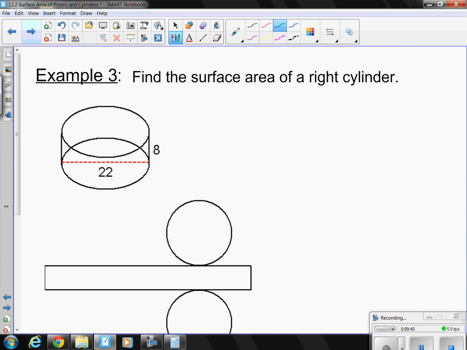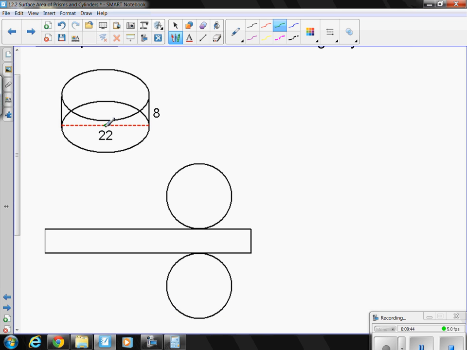Find the surface area of a right cylinder. This is my diameter. My radius is going to have to be 11. And now to find the area of this rectangle, that's going to be the circumference of the circle, which is 2 pi r.